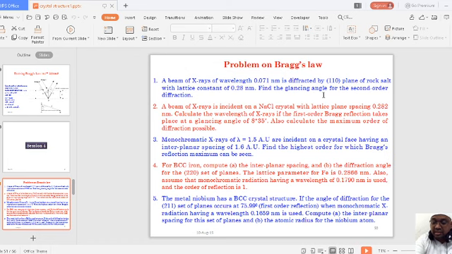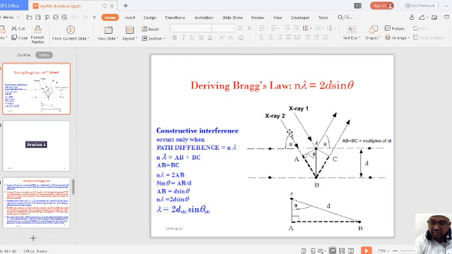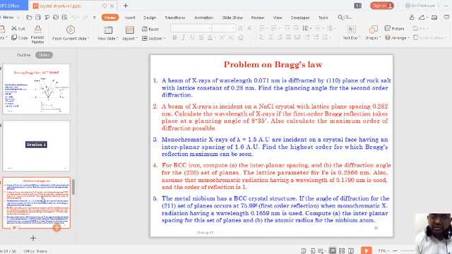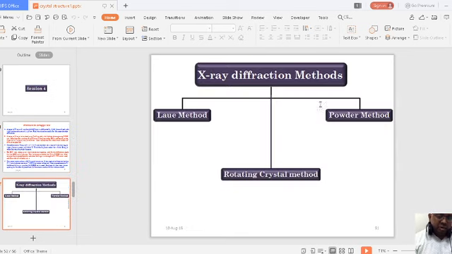Find the glancing angle theta. For which order of diffraction? Second order. So the n value automatically becomes 2 for the second order of diffraction. Like this you can solve different problems, and we'll discuss the problems when we complete this chapter.